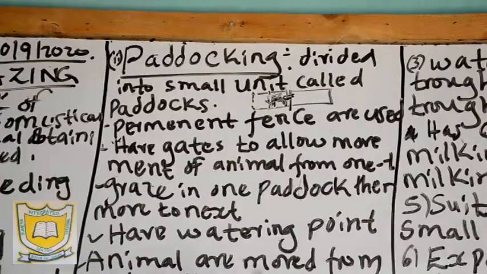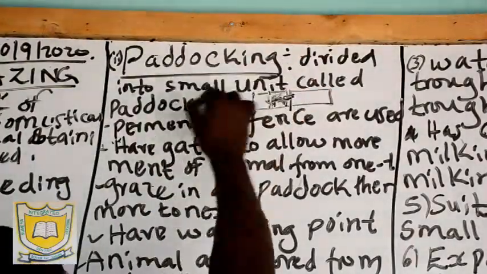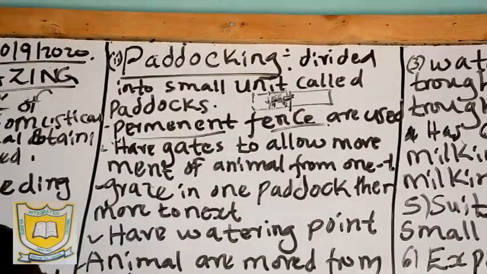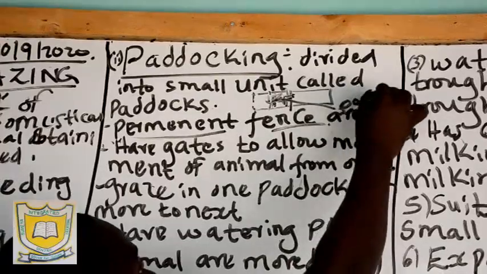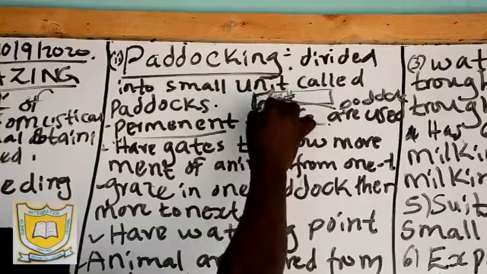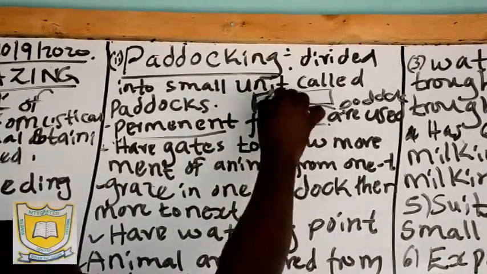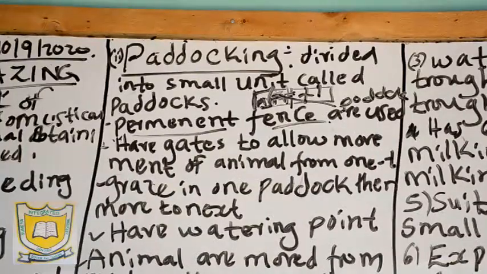Number one, it is divided by a permanent fence. Then it is divided into what we call paddocks, the small portions divided by the permanent fence. This first one here is paddock number one, then we have paddock number two, paddock number three, and paddock number four. Those are what we call paddocks.